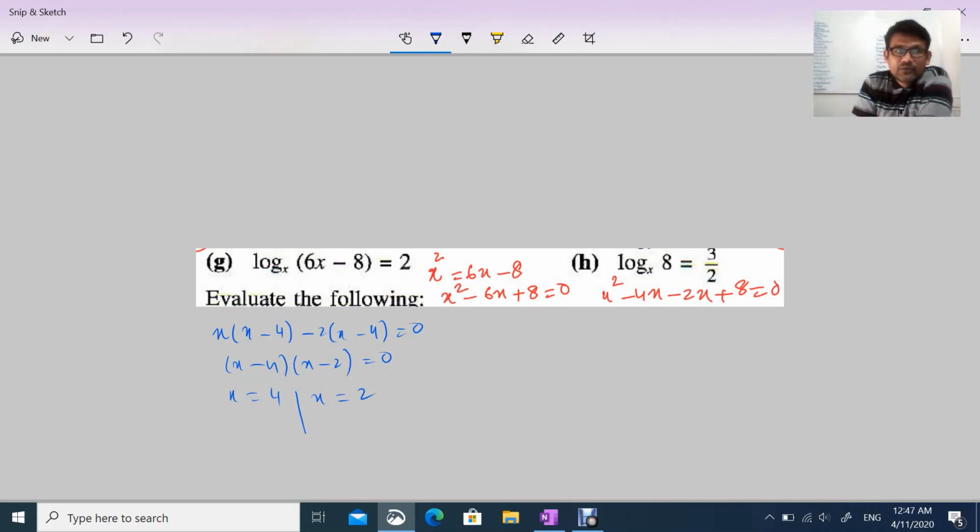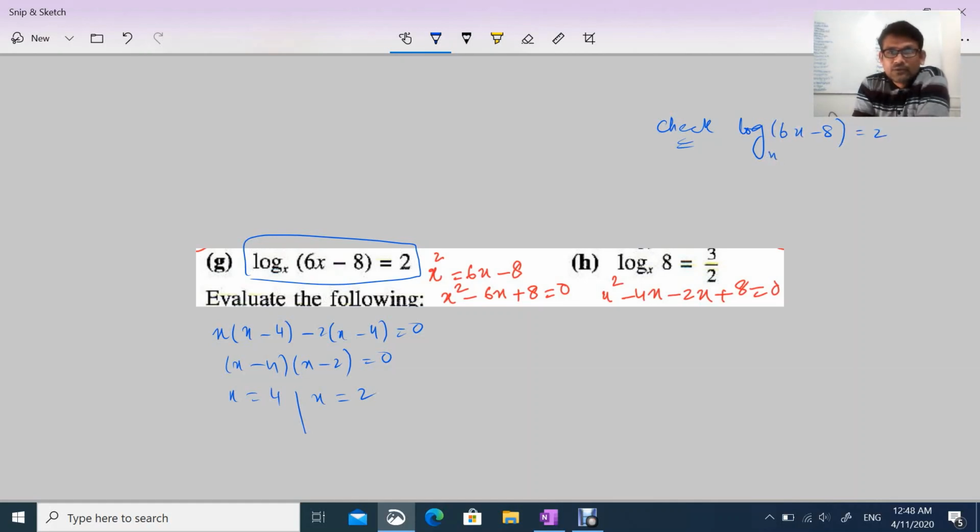Now we have to check by using these values of x. Here I have to substitute. Check what? Log base x of (6x minus 8) is equal to 2.